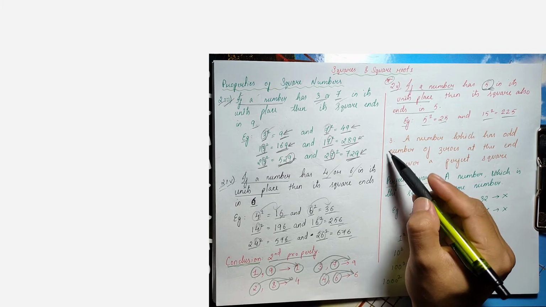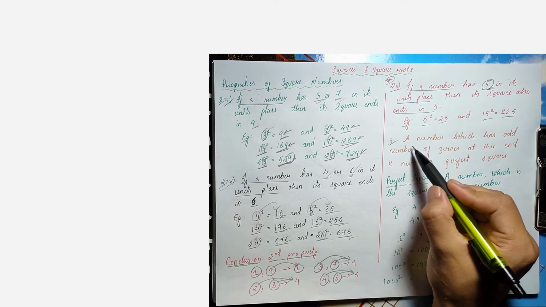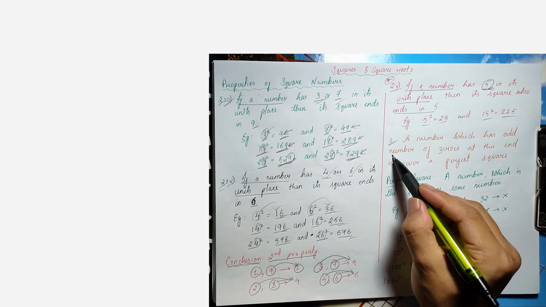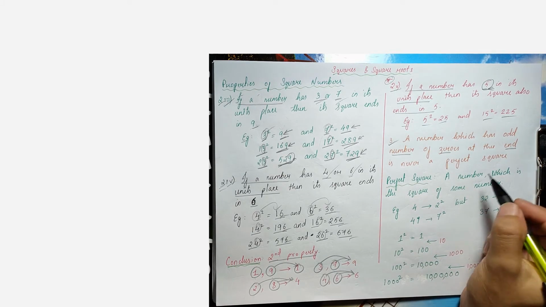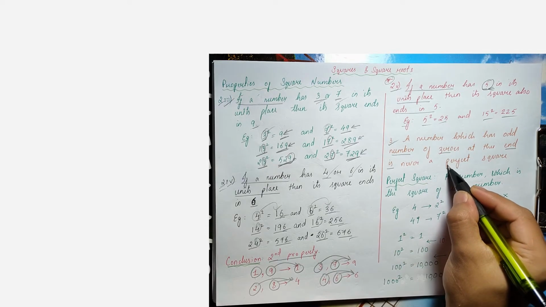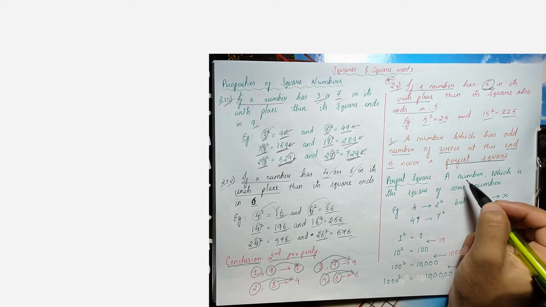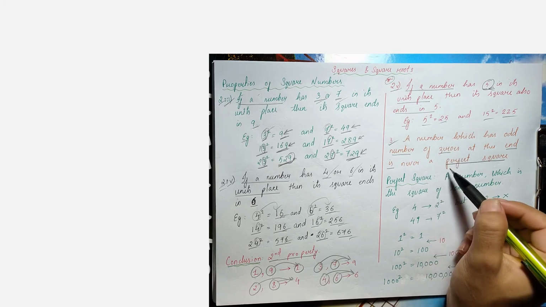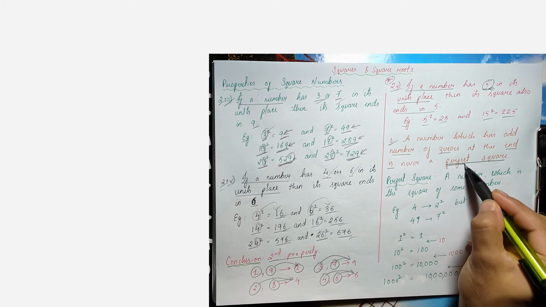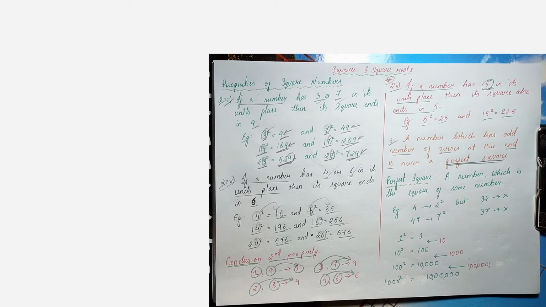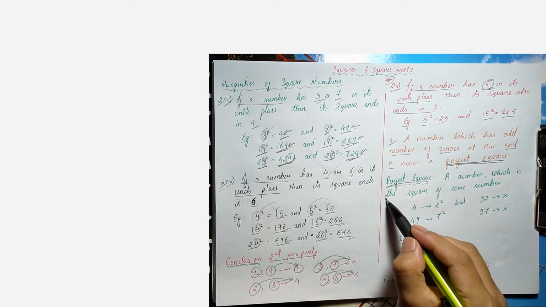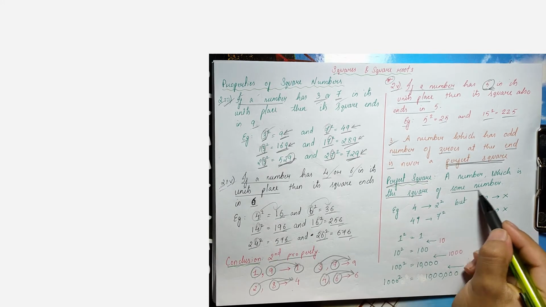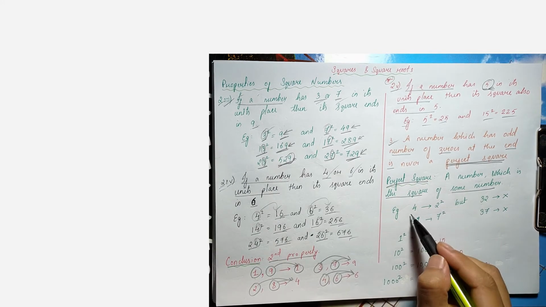Now let us look at the third property. A number which has an odd number of zeros at the end is never a perfect square. To understand this property, let us first understand what a perfect square is. A perfect square is a number which is the square of some other number. For example, 4.